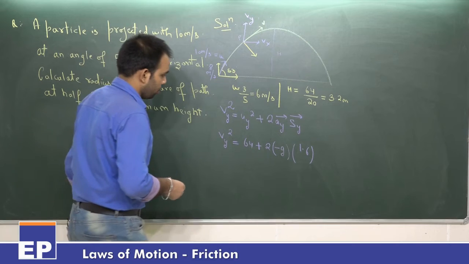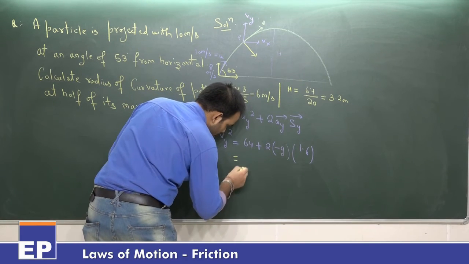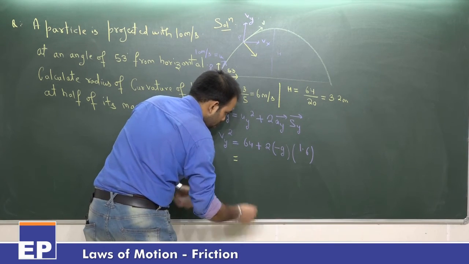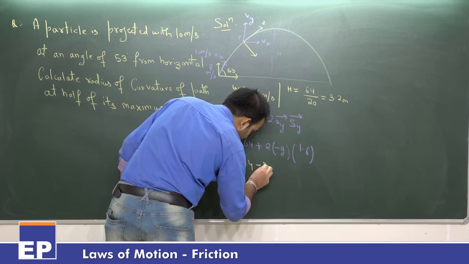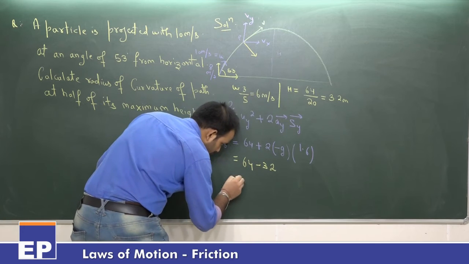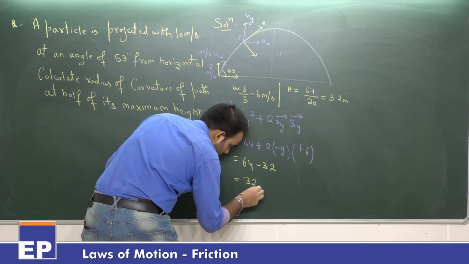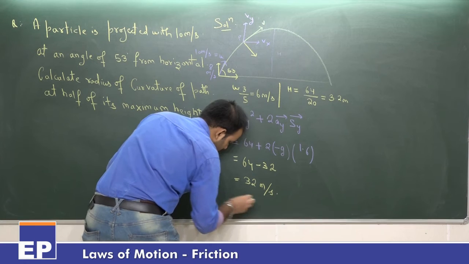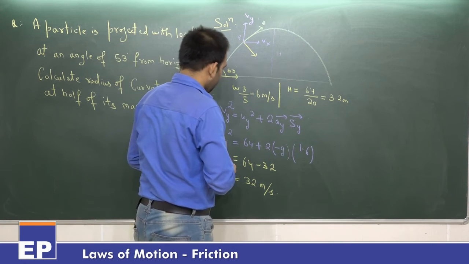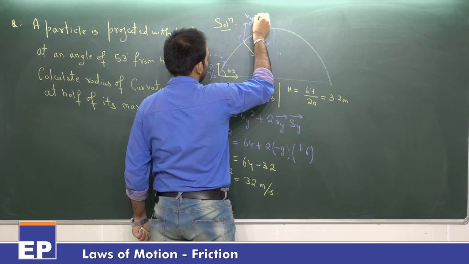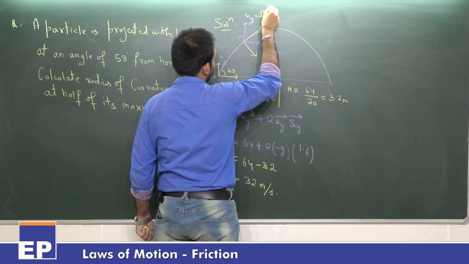So it will come out to be how much? 64 minus 32. That will come out to be how much? 32. Vy square is 32. Right? If this is what we got, then what is Vy? Root 32.